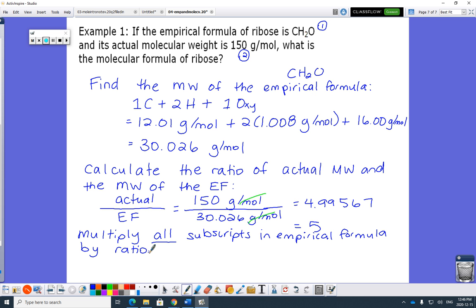So again, you might just show your answer here, or maybe you want to show your work. Now the molecular formula is no longer going to be the most reduced.